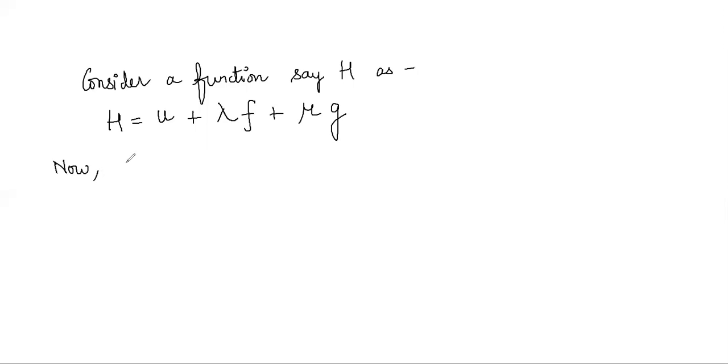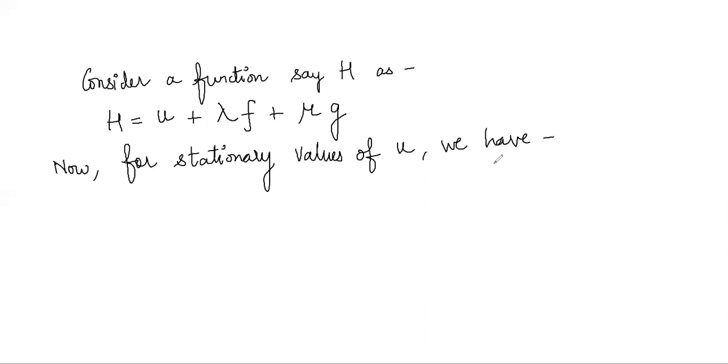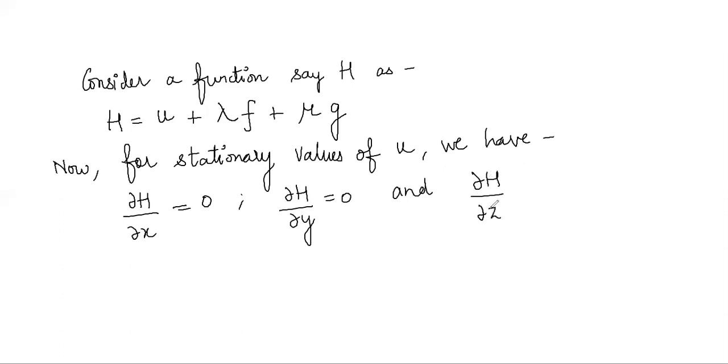Now for stationary values of u, we have the partial derivative of h with respect to x as 0, then del h by del y as 0, and del h by del z as 0.